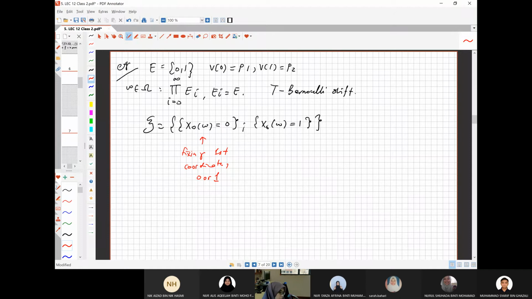That means you fixing the first coordinate, either you can be 0 or 1. And your omega is your cylinder set, a sequence, sorry, is given by this sequence.